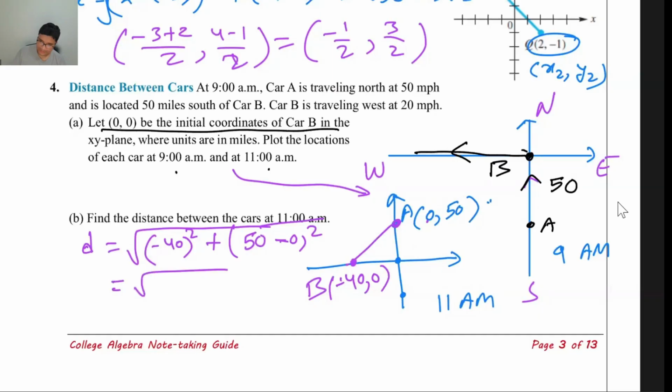And that you can simplify, becomes 1600 plus 2500, that is 4100. So that is 10 root 41.